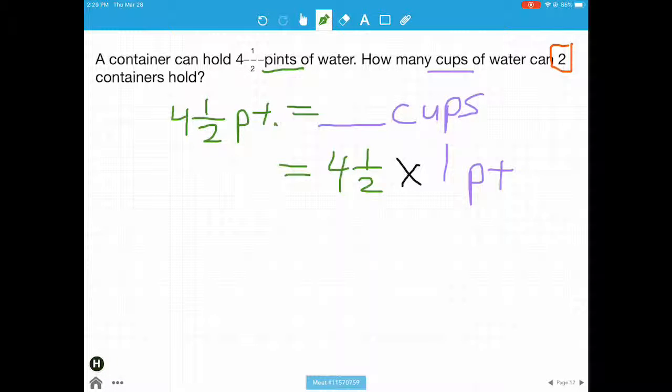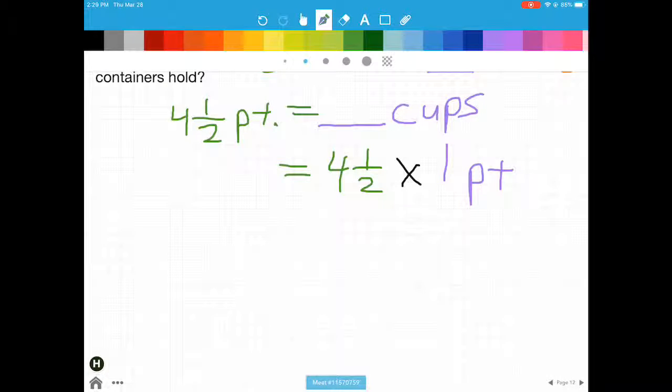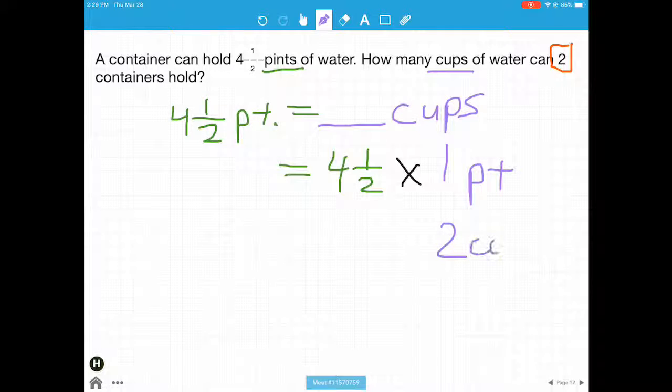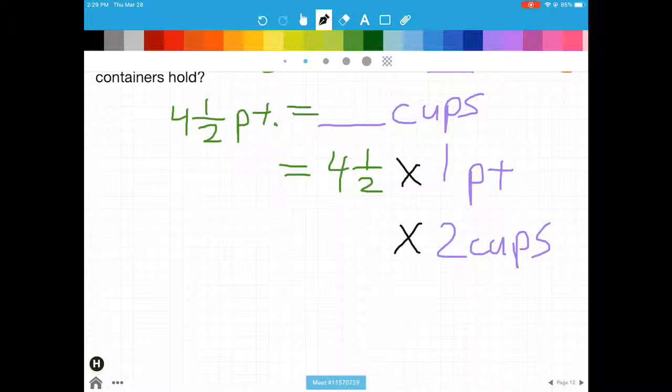Larger to smaller units, do we multiply or divide? Both times we're going to multiply. Do we multiply a fraction or a whole number? You're right, it's a whole number. Okay? So 1 pint is equal to 2 cups. All right? So we're going to multiply that times the 4.5.